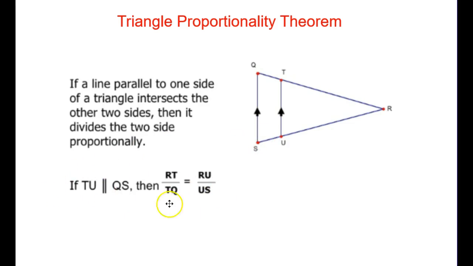If this is true, according to this theorem, the statement down below is true. If TU is parallel to QS, then RT over TQ is equal to RU over US. This is called the triangle proportionality theorem.